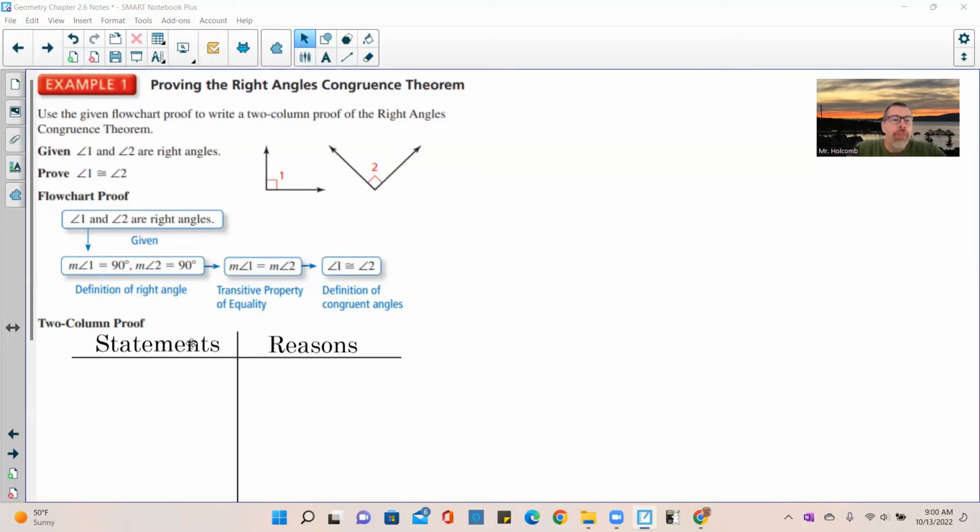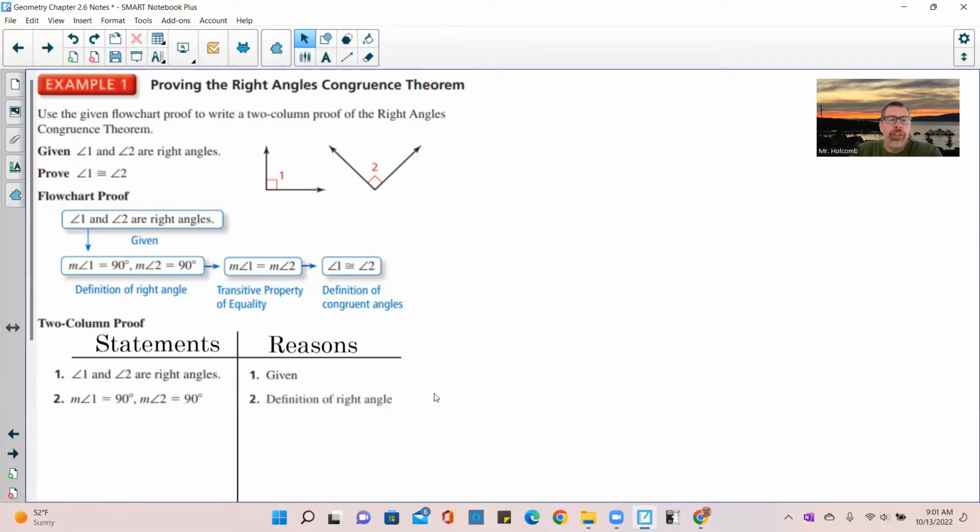The 2-column proof form of that would be, always start with your given. So you'd say angle 1 and angle 2 are right angles, given. And then we can continue by saying the measure of angle 1 equals 90 degrees, and the measure of angle 2 equals 90 degrees.